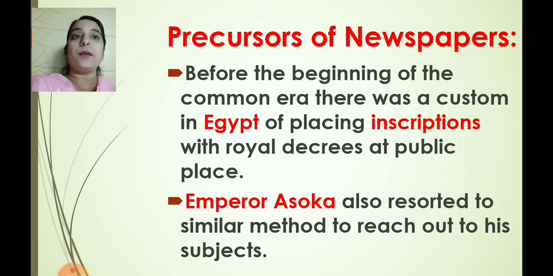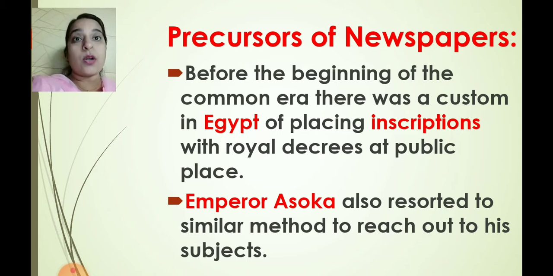Now, precursors of newspapers means how the message used to spread before newspapers. Before the beginning of the common era, there was a custom in Egypt of placing inscriptions with royal decrees at public places.